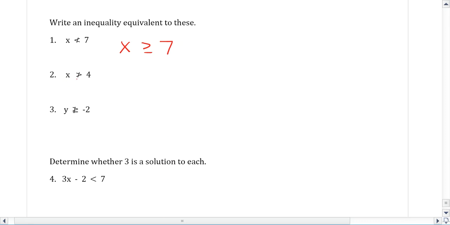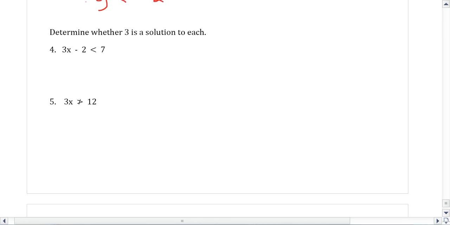If x is not greater than or equal to 4, then it would have to be less than 4. If you don't have more than $4, you must have $4 or less, is another way to say that. If y is not greater than or equal to -2, then y has to be less than -2.